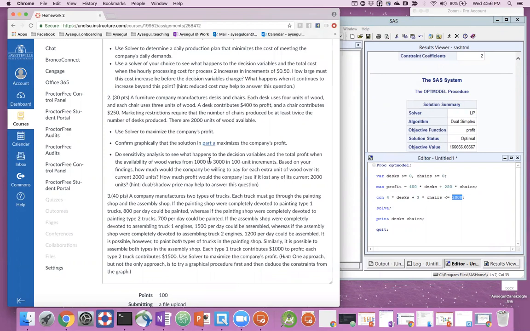We need to understand what the optimal solution is going to be when the right-hand side is 1,000, 1,100, 1,200, 1,300, 1,400, 1,500, in increments of 100 units. And each of them becomes a different problem, right? The good thing is, I'll also address this in Excel, where there is a concept of allowable increase and decrease.